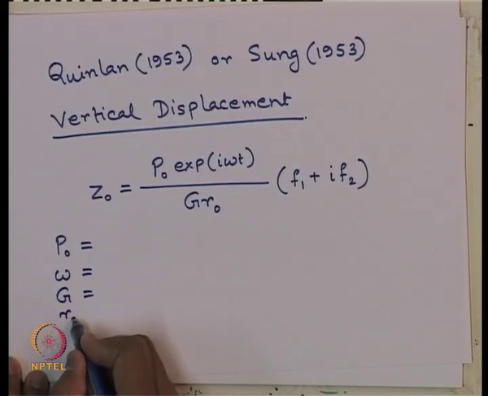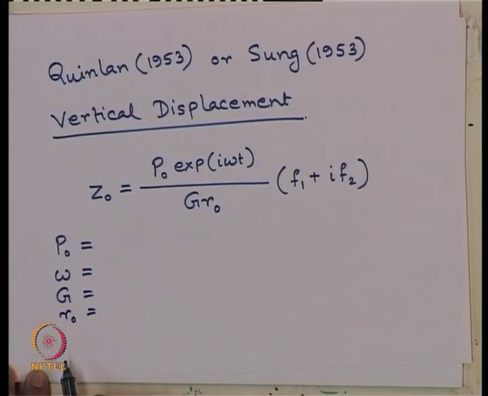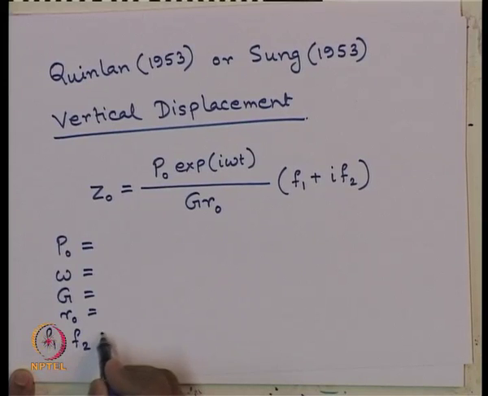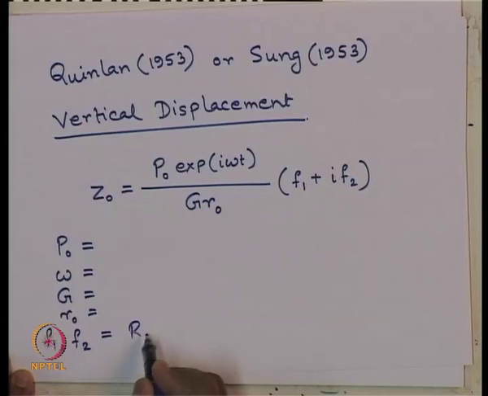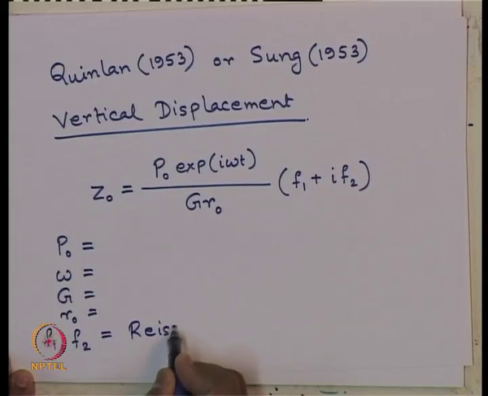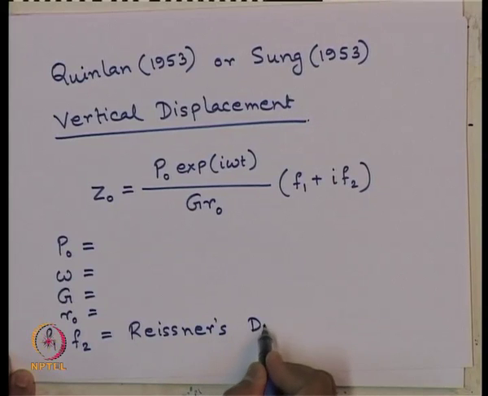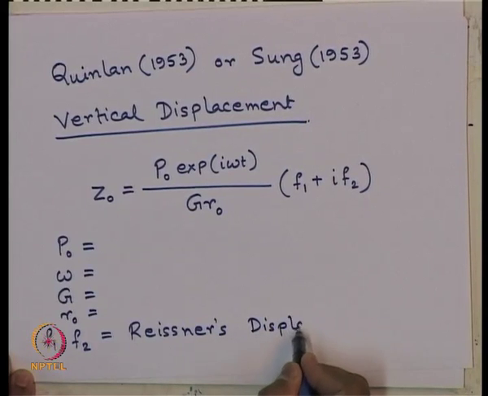R naught is the radius of the circular contact area, as I have shown just now in the picture also. Whereas, these f1 and f2, these two are called Lysmer's displacement functions.